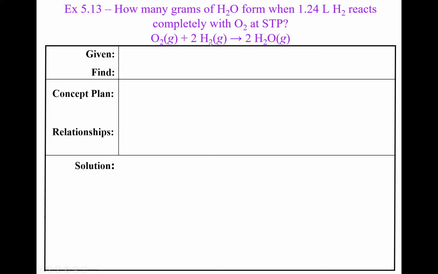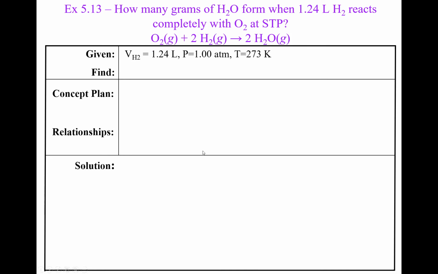So the hydrogen and water both have 2 coefficients in front, so it's a 1-to-1, an even relationship. The STP is 22.4 liters per mole. This is about 1/20th of that, and water is 18 grams.